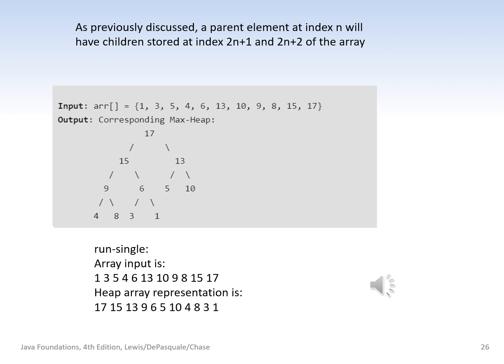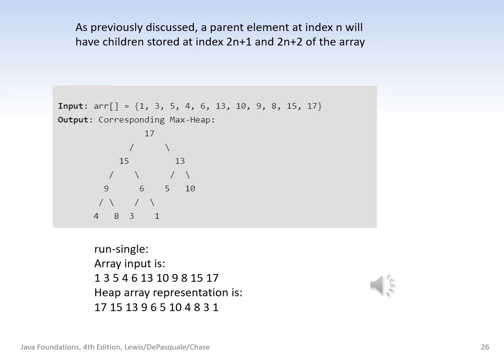So a parent element at index n will have children stored at index 2n plus 1. Let's just take 17. 17 is at index 0. So 2 times 0, plus 1 will be index 1. There's the 15. And then 2 times 0 plus 2 is index 2. There's the 13. Correct.